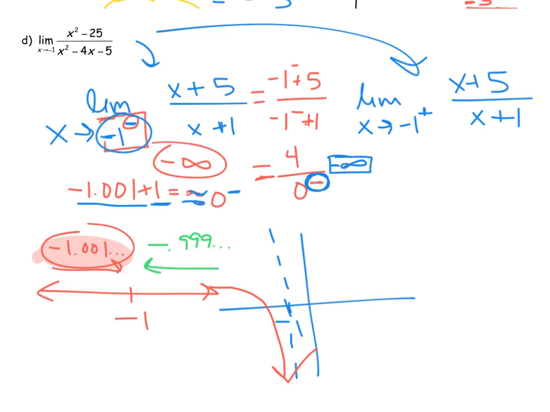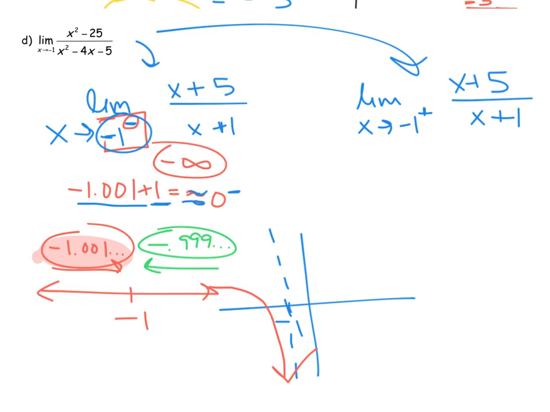Now we want to check the limit as x approaches negative 1 from the right. As we approach negative 1 from the right, we're looking at something like negative 0.9999. So we have negative 1 from the right plus 5 all over negative 1 from the right plus 1. Negative 1 plus 5 is still about 4.